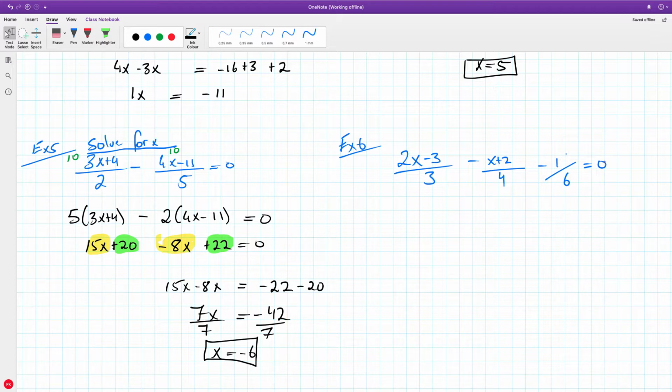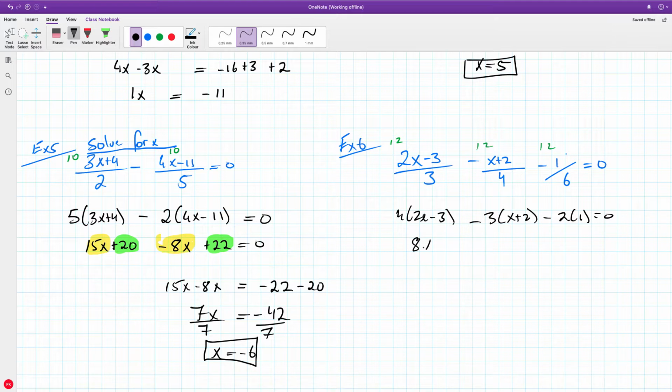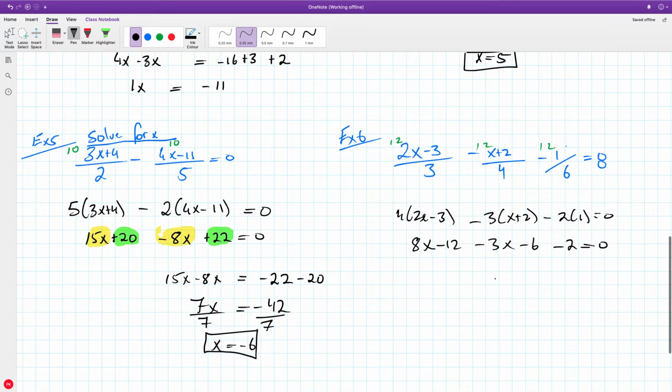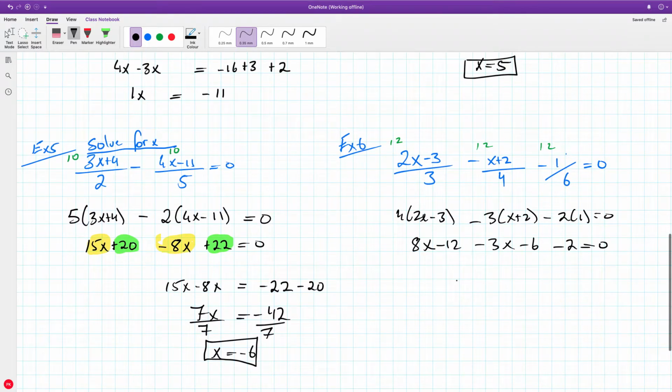X equals 4, please. Good stuff. So, 12, 12, and 12. 3 into 12 goes 4 times 2x minus 3, minus 3 times x plus 2, minus 2 times 1 is equal to 0. 8x minus 12 minus 3x minus 6 minus 2 is equal to 0. 8x minus 3x is 5x, minus 12 is equal to minus 12 minus 6 minus 2 comes over and becomes 20.